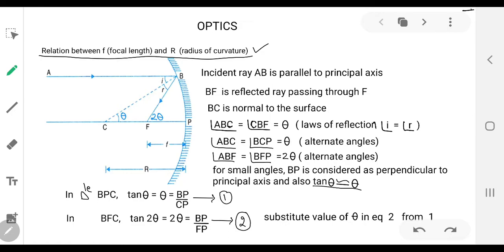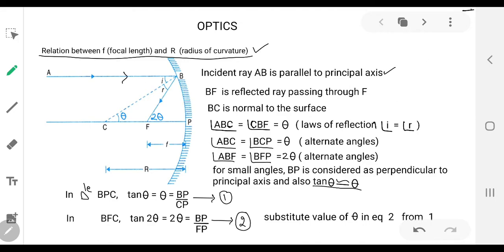Object at infinity means the rays emitting from the object will be parallel to the principal axis. So we are considering an incident ray. Only one ray we are considering, incident ray AB, which is parallel to the principal axis.